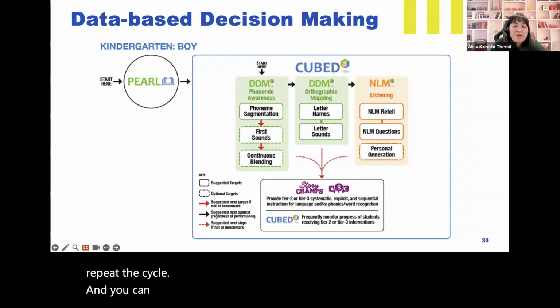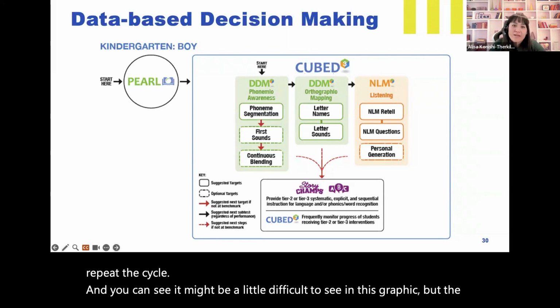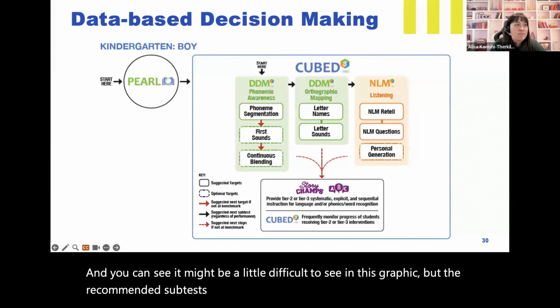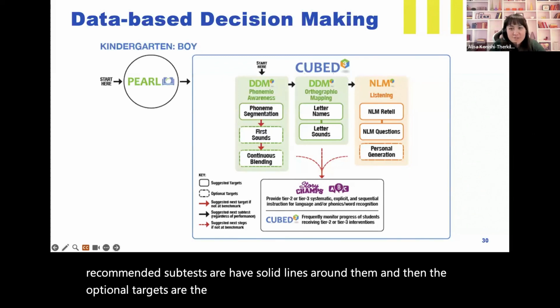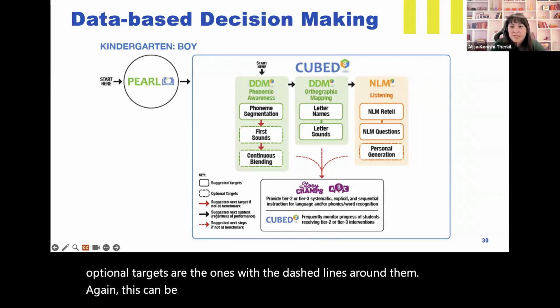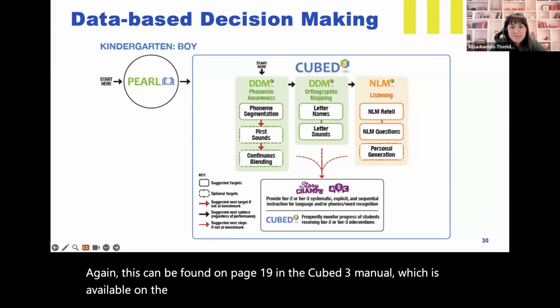It might be a little difficult to see in this graphic, but the recommended subtests have solid lines around them. And then the optional targets are the ones with the dashed lines around them. Again, this can be found on page 19 in the Cubed 3 manual, which is available on the LDG website.